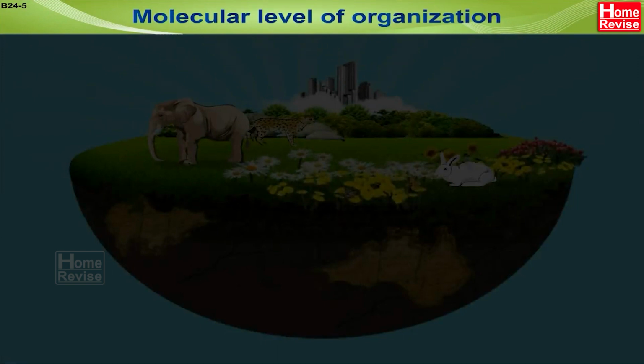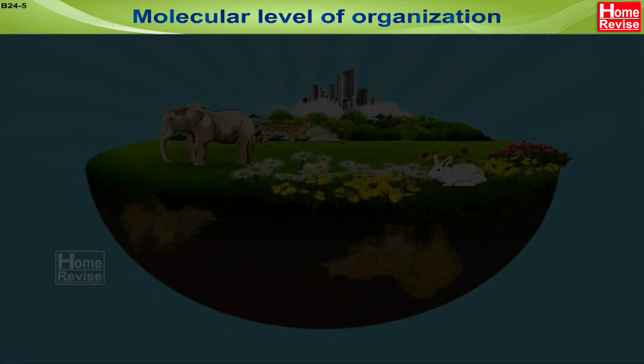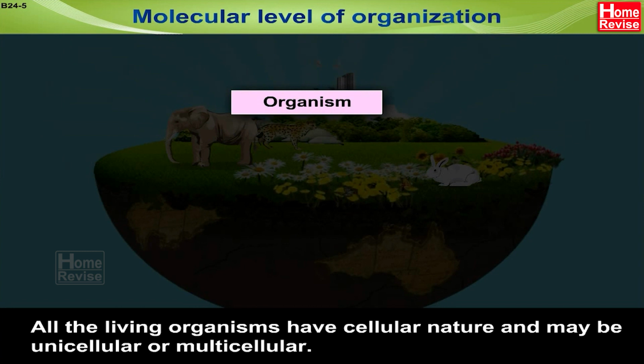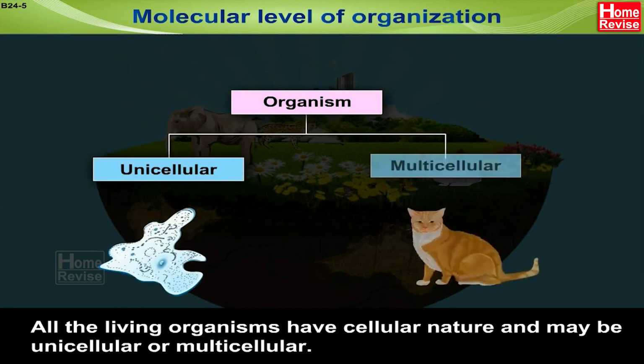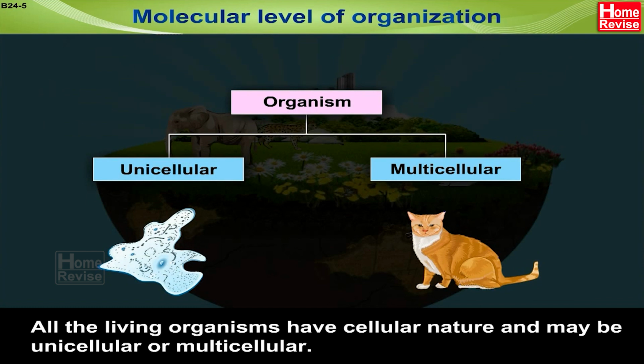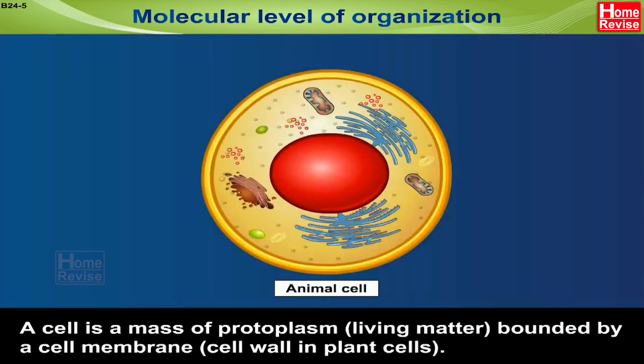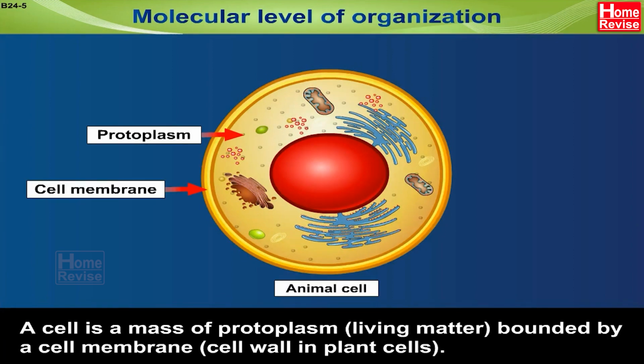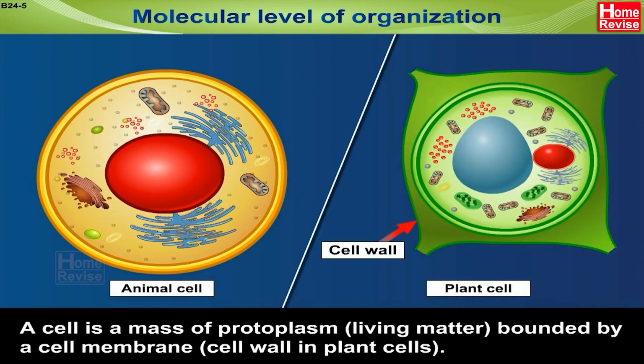Molecular level of organization. All the living organisms have cellular nature and may be unicellular or multicellular. A cell is a mass of protoplasm, that is living matter, bounded by a cell membrane, which is a cell wall in plant cells.